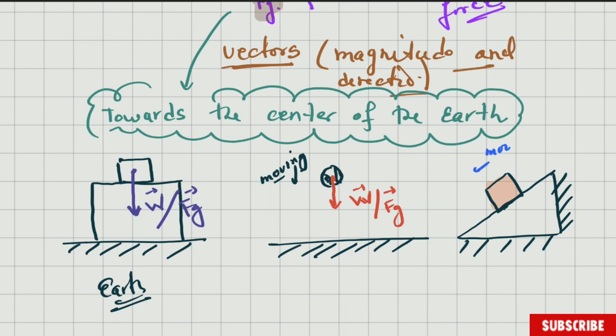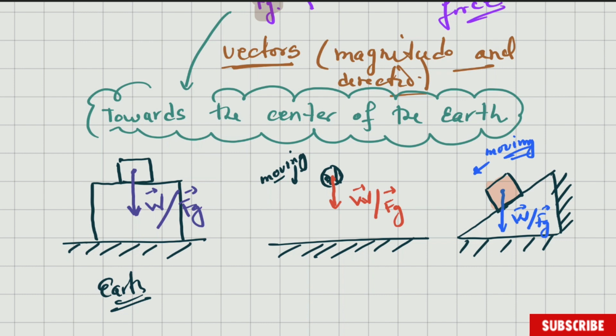This is the motion of the block. But what will be the direction of the gravitational force? Always down, from the center of the object straight down. This is the weight or the gravitational force. You do not have to write both, please. You have to write only one. So that is in terms of representing the gravitational force graphically.